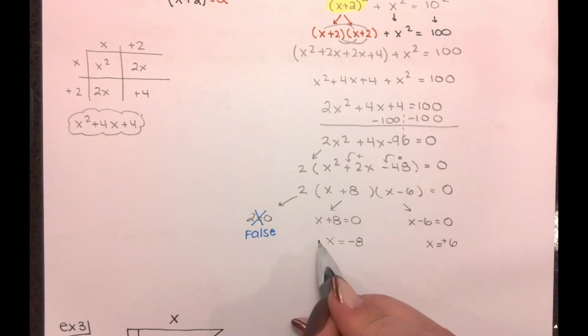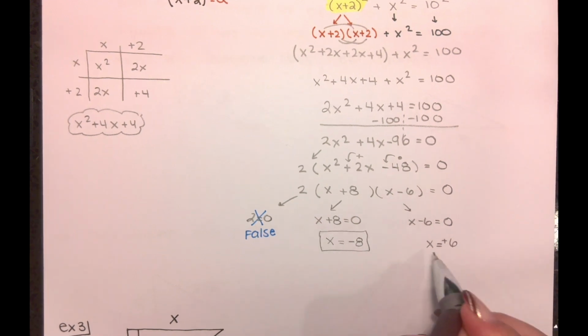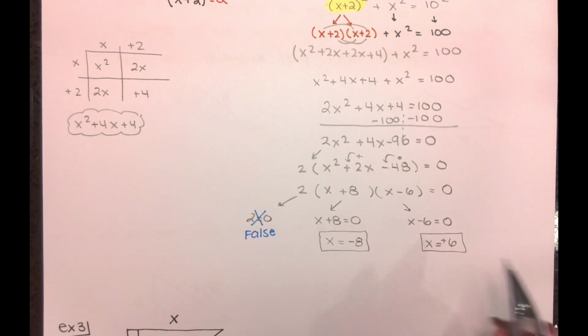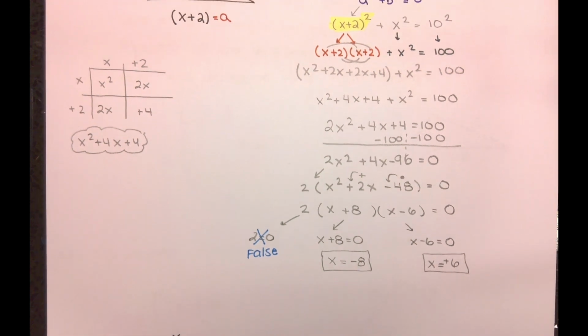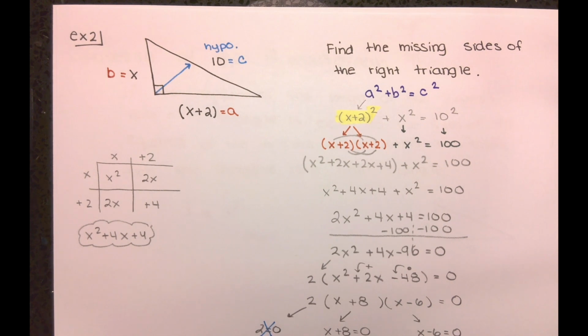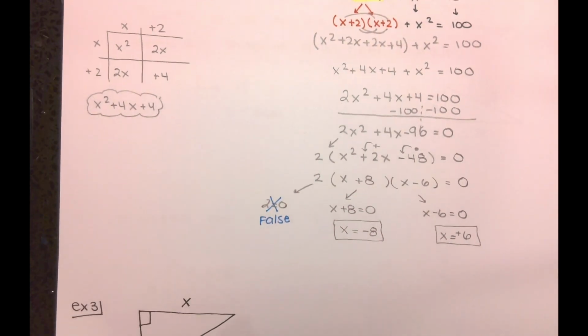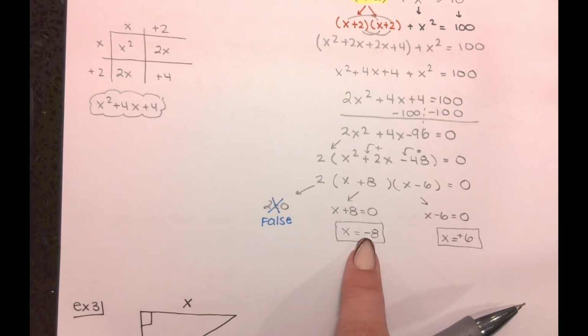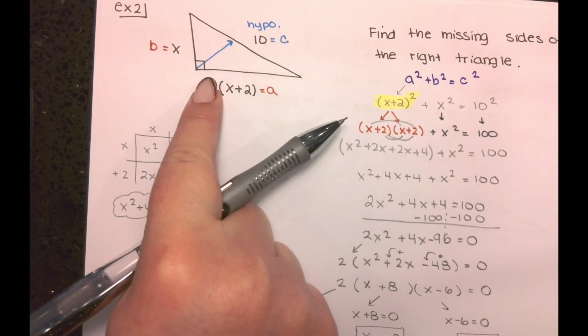Okay. Now, if we're looking at these two answers, and we're looking at the triangle, one thing when we're dealing with these figures is that they either exist or they don't. So we either have a triangle or we don't have a triangle. And if we're looking at our x values, notice that one of them is negative. Now, x can be negative depending on what you are given here.